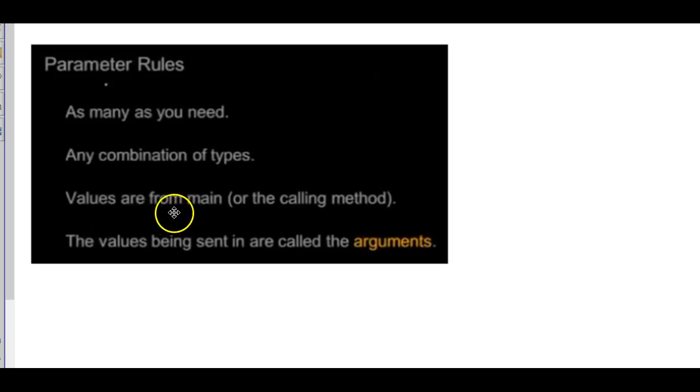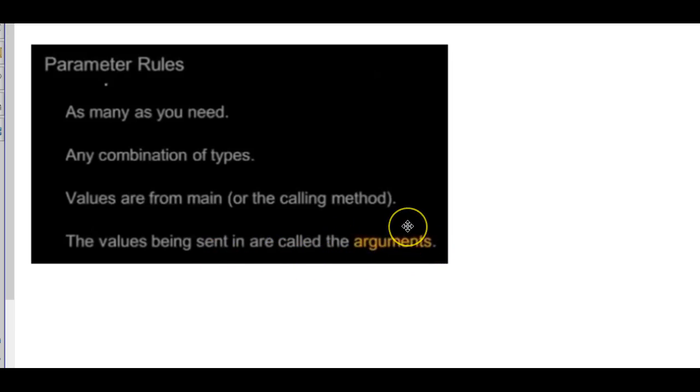The values are from main or the calling method. In other words, whatever method calls it, that's where all the numbers come from, or all the objects, whatever it is, come from that go into the method we're designing, that go into the parameters. So the values being sent are called the arguments.